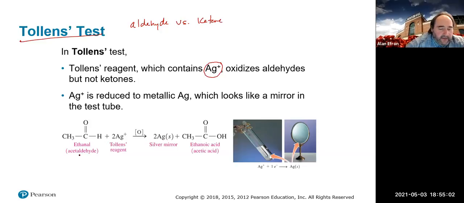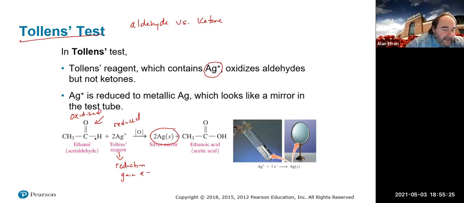So here's our aldehyde. This guy is actually going to go through reduction. When it goes through reduction, it gains an electron and it becomes silver on the other side. In the process, when somebody gets reduced, somebody else gets oxidized.